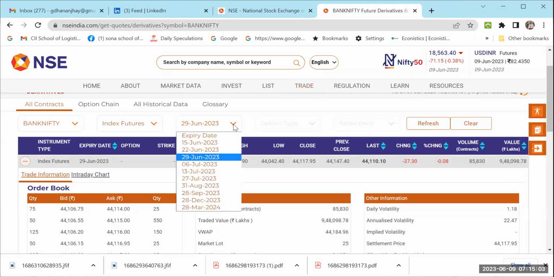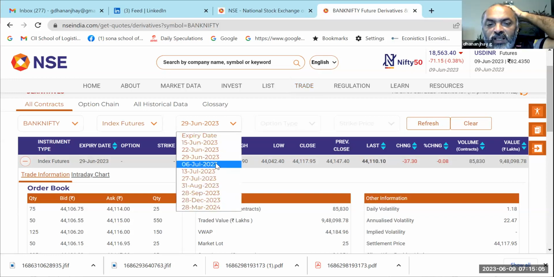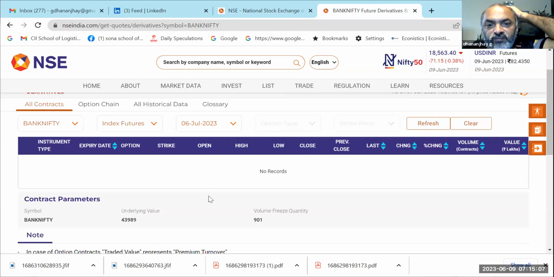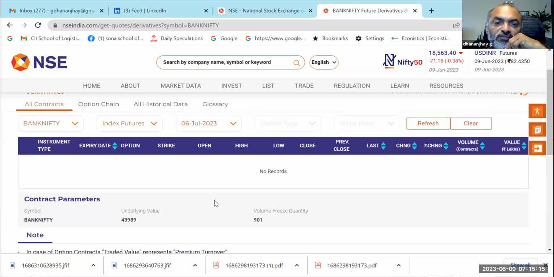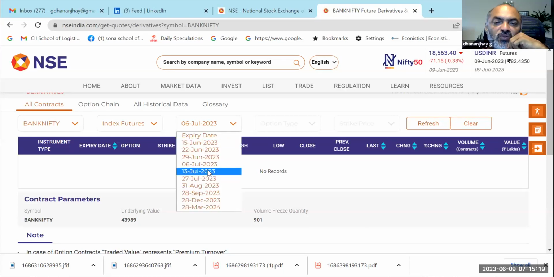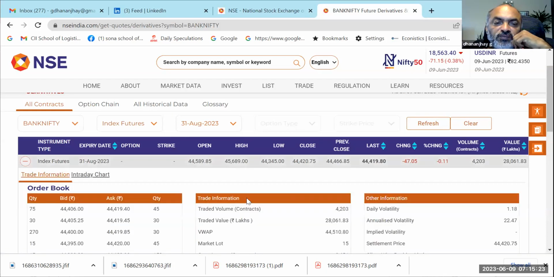Now, this expiry date, I can go to July contract. I can go to August contract. This is what you call contract cycle.